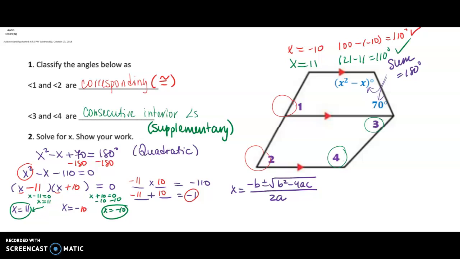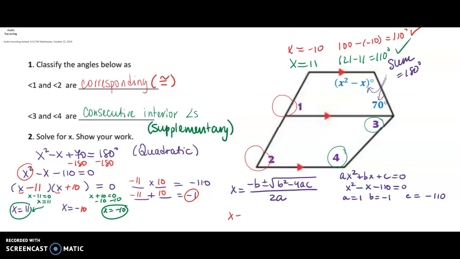In any case, a, b, and c would be the coefficients of your terms if you look at them in order. So a would be my coefficient in front of x squared. Remember my equation was x squared minus x minus 110. So the coefficient in front of x squared is 1, the coefficient in front of x is negative 1, and the constant is negative 110.